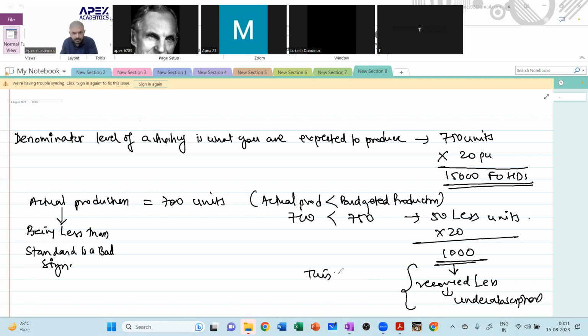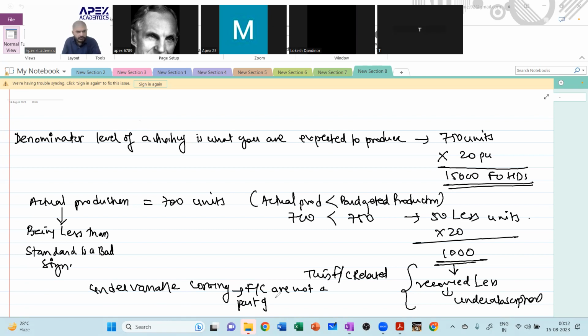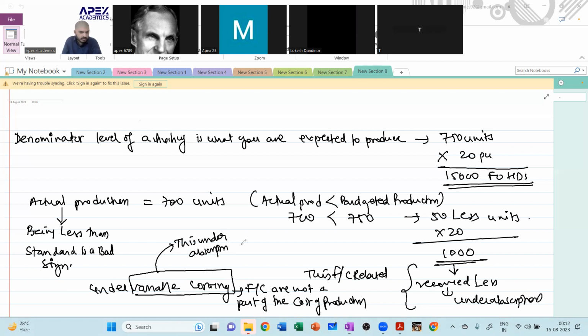This is fixed cost related. But understand, under variable costing, fixed costs are not a part of the cost of production. Therefore, under variable costing, this under absorption is ignored.